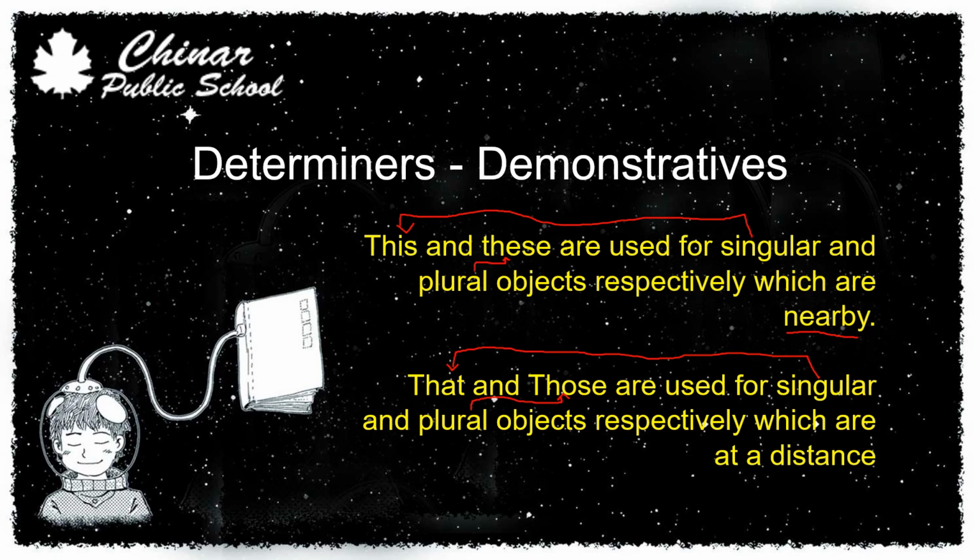That is used for singular objects and those is used for plural objects. Somebody who is standing a little far from you or something which is kept a little far, we use that for it. And similarly, if there are plural things, we are using those. Please note down all the points which are written on the screen.